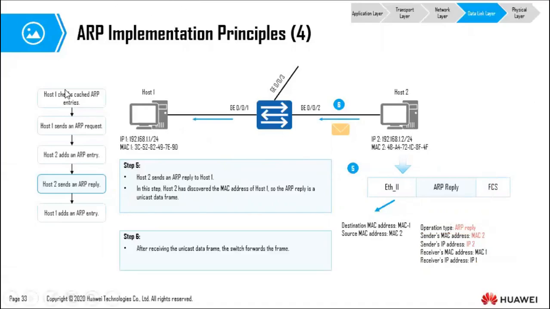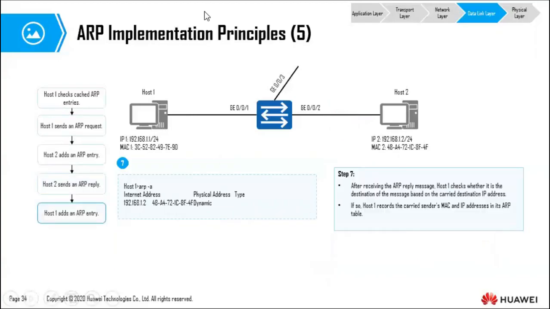Now, lastly, what happens? After receiving the data frame, the switch forwards the frame as a unicast frame. Lastly, when host 1 receives the reply, it adds an ARP entry to its own ARP table. Are you together?